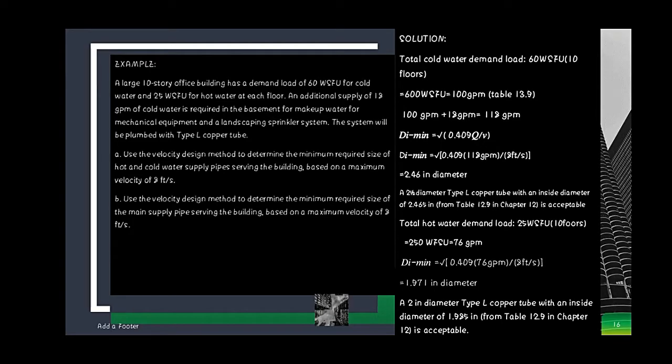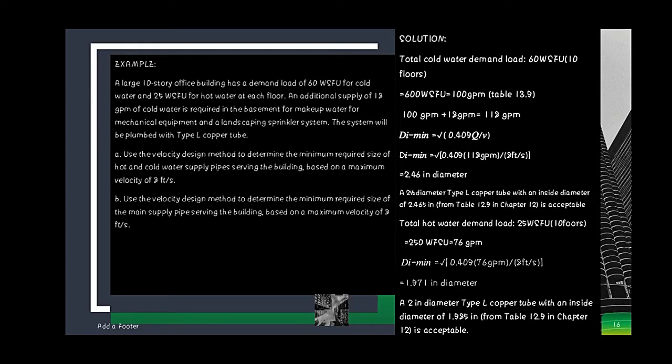Tapos, yung sa hot water naman, the total hot water demand load is 25 WSFU times 10 floors. So, we have 250 WSFU. At kung titignan natin ulit dun sa table, makikita natin na equal to dun sa 76 GPM.